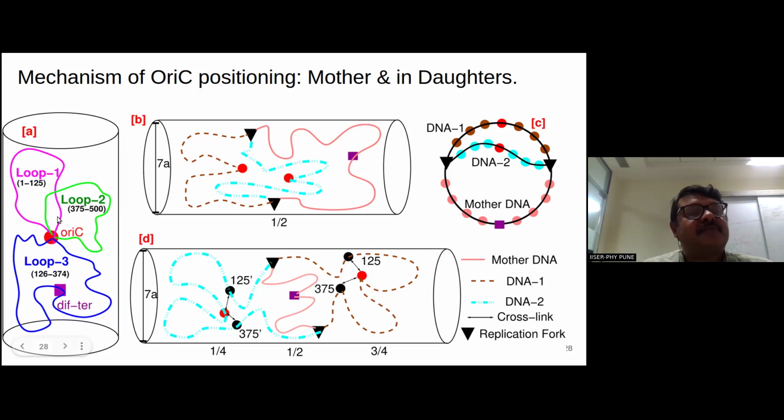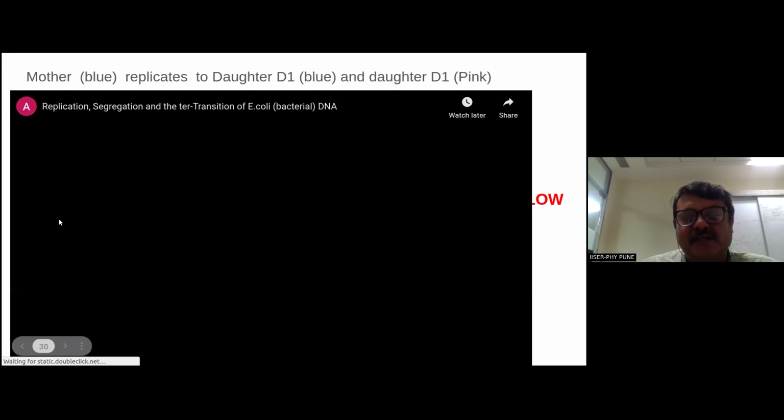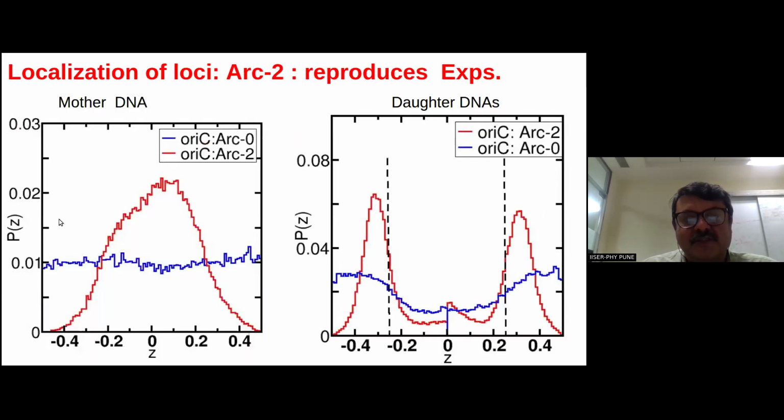When there is enough replication, what we are claiming is that each of the two daughter chromosomes takes the conformation of this arc 1, 2, these two small loops and the bunny.